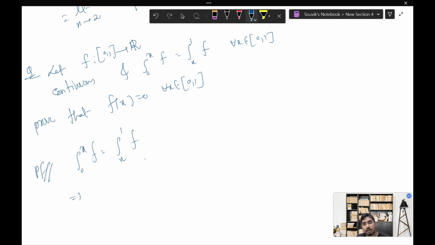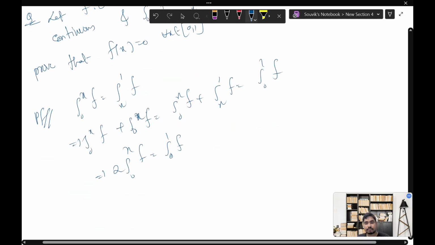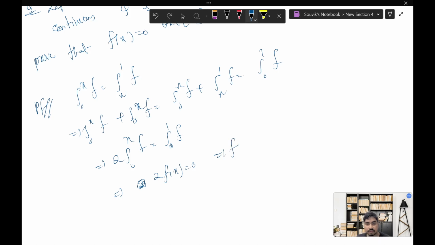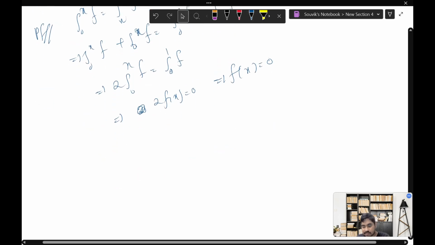Given the integral from 0 to x of f equals the integral from x to 1 of f, adding the integral from 0 to x of f to both sides, the right side becomes the integral from 0 to 1, which is a constant. This implies 2 times the integral from 0 to x of f is equal to the integral from 0 to 1 of f. Now doing the derivative, 2f(x) is equal to 0, which implies f(x) equals 0.